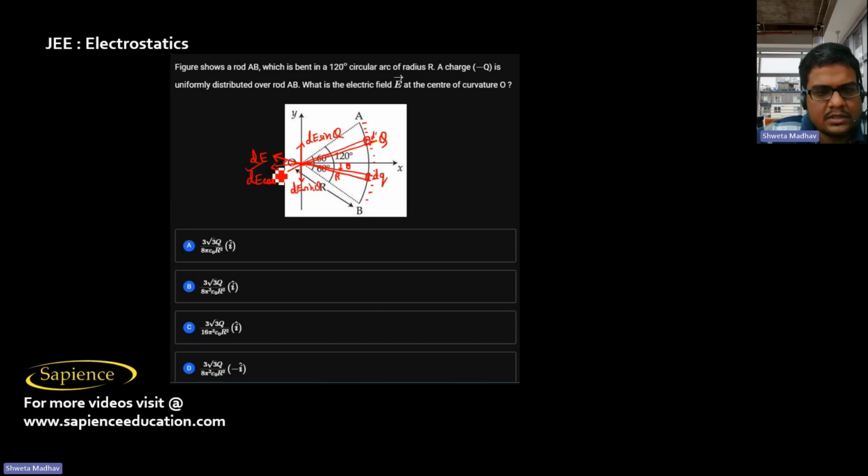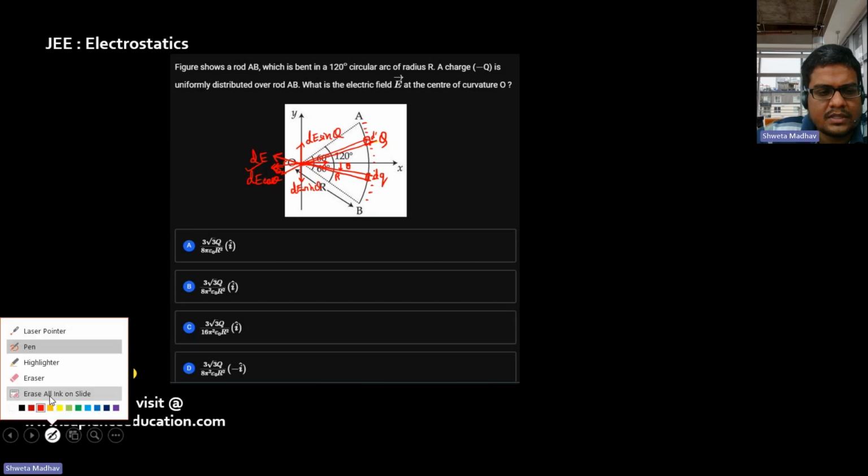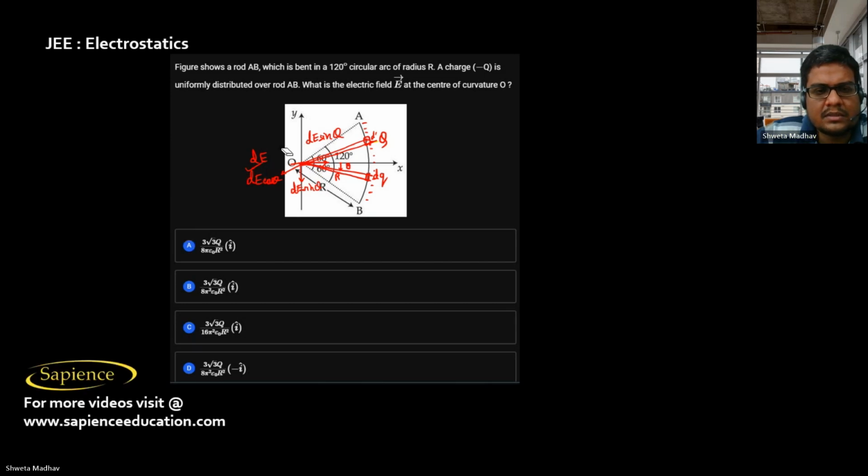So only dE cos theta components we have to integrate, and the net electric field will be along the negative x-axis. No, it will be along the positive x-axis, since the charge is negative. So it means that this diagram we have drawn is not correct.